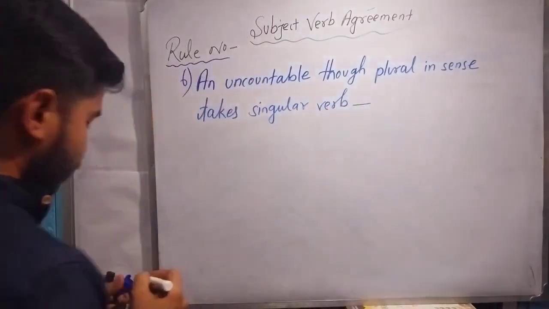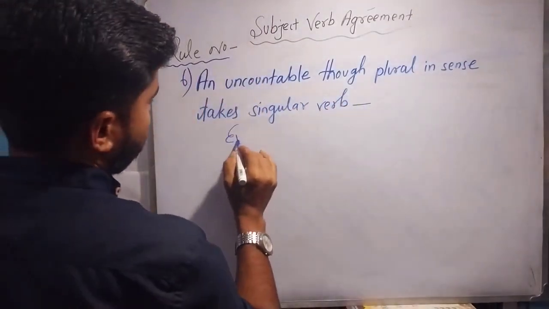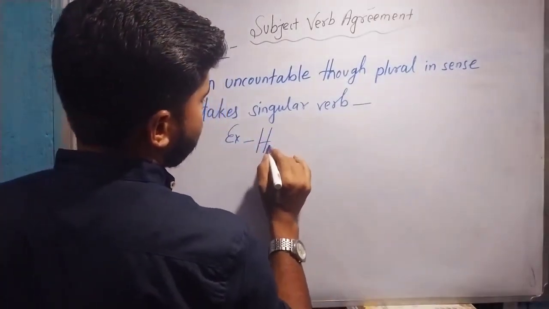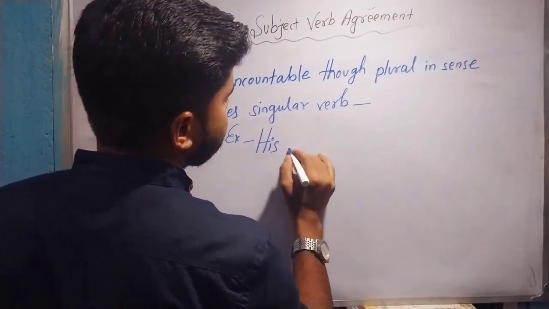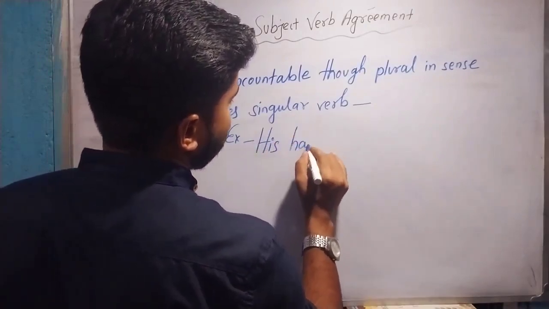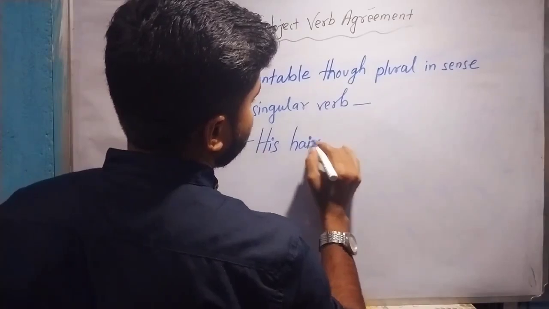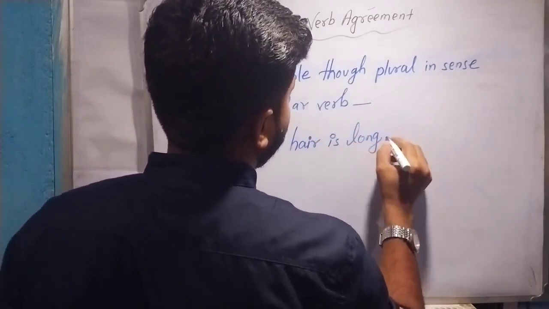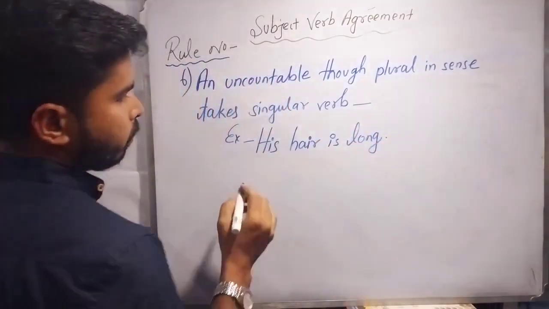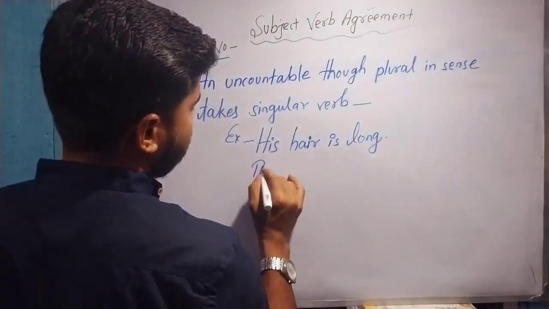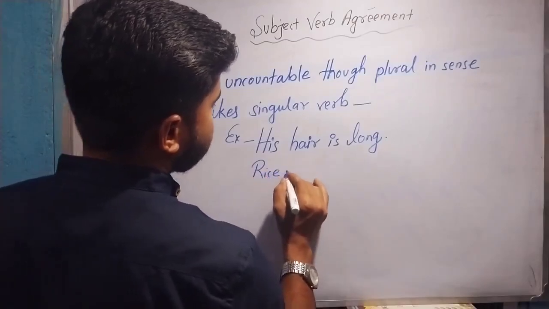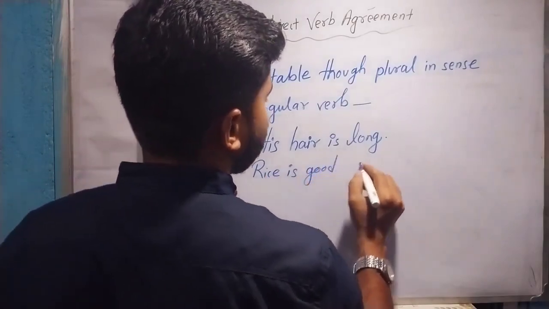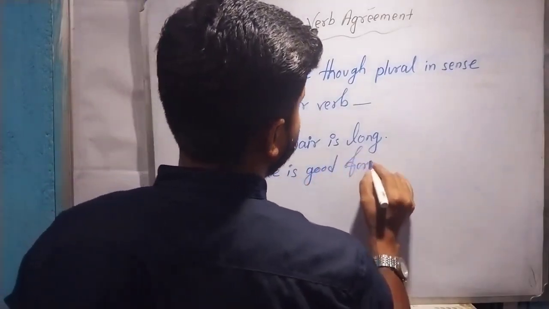For example, I can write: his hair is long. Rice is good for health.